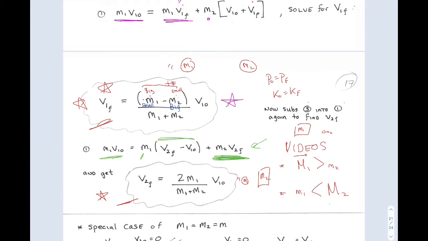So a small number minus a big number, that whole term is going to be a negative number. That means V1 final is negative, and number 1 is going to recoil back. Number 2 is always going to move to the right. The video will show M1 comes in, they collide, and M1 recoils back to the left.